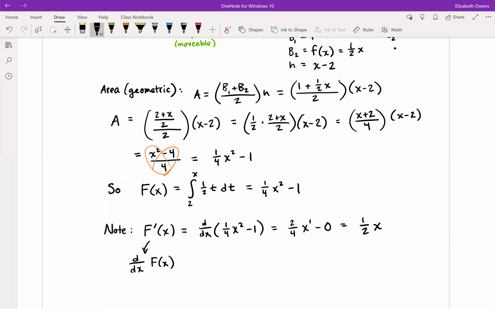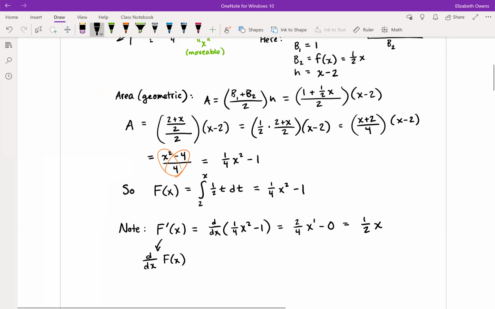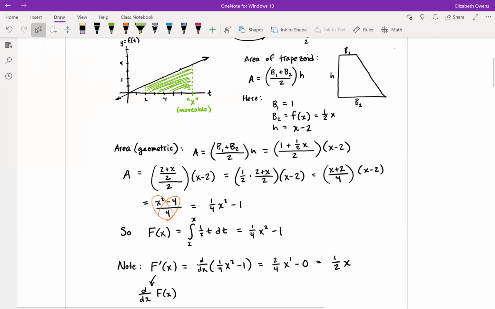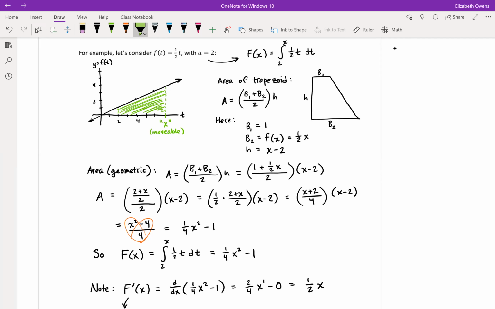Now, notice what our original function was that we were focusing on for the area. It was right up here: f of t equals 1/2 t. Down here we have 1/2 x. So that is literally just our function f of t, but you've plugged x into it. So this is little f of x.